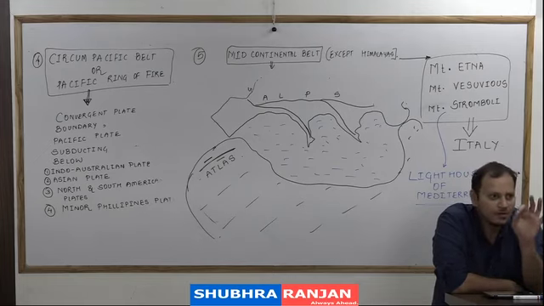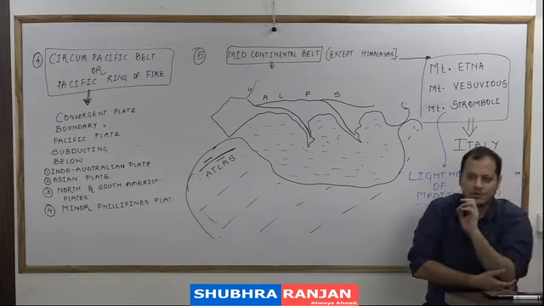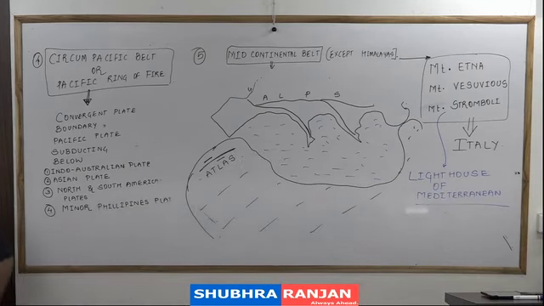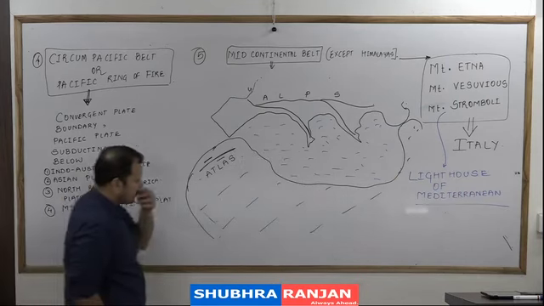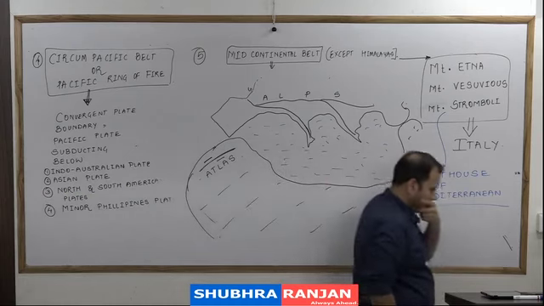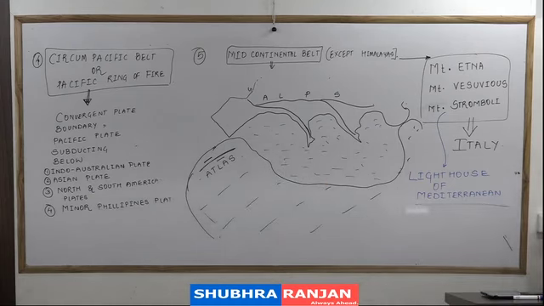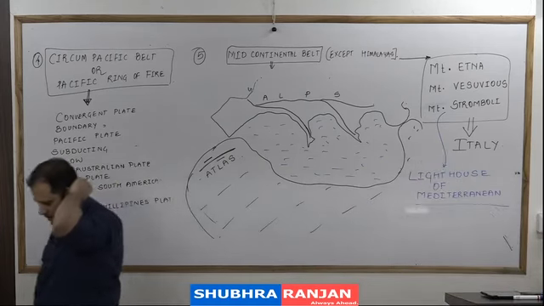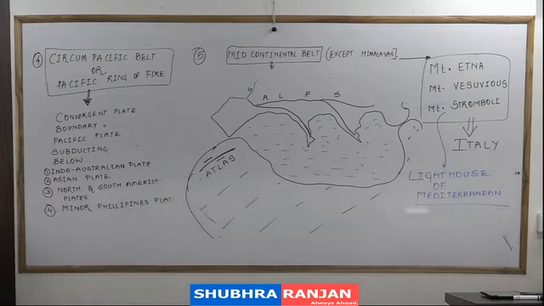Any doubts? Now with this, open the map of Europe, political map. पॉलिटिकल, फिजिकल, कोई भी. So when we look at the Mediterranean Sea, look first in the political map, you will find Italy down.